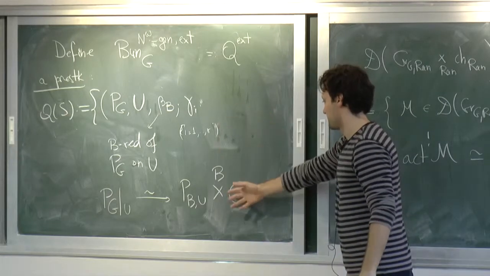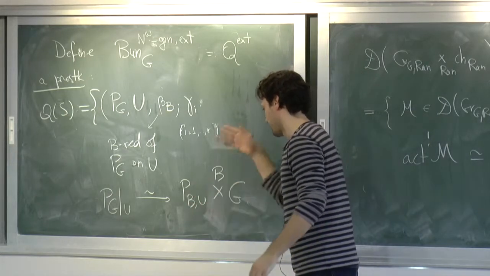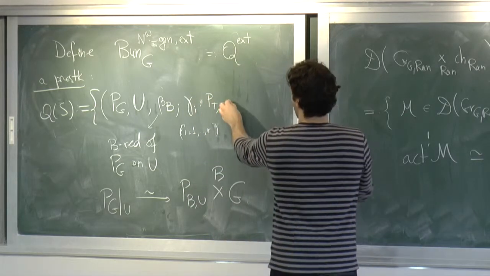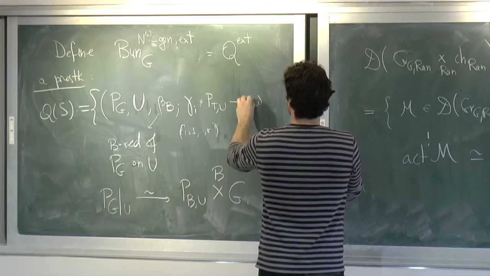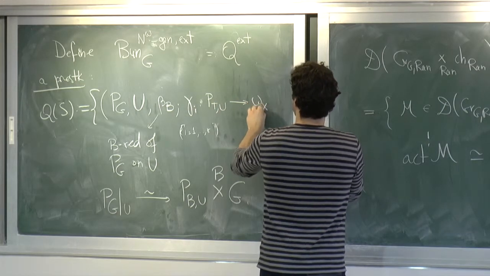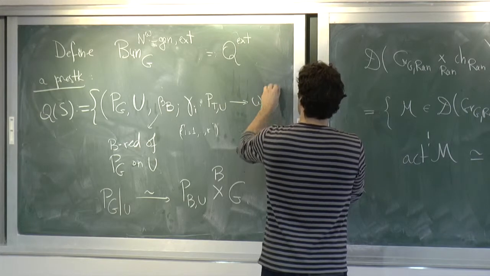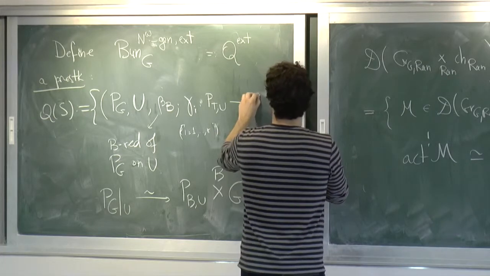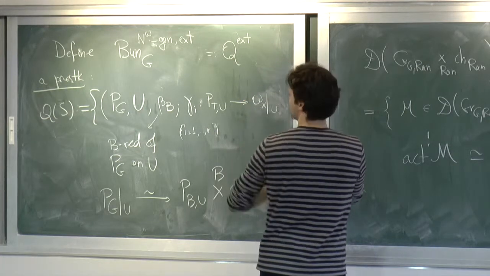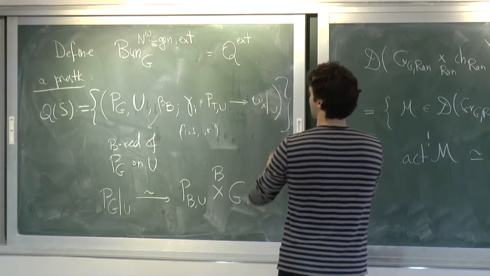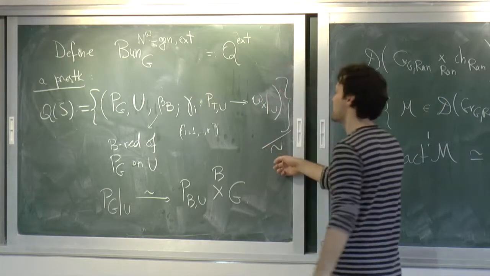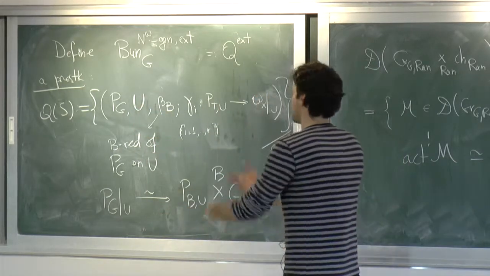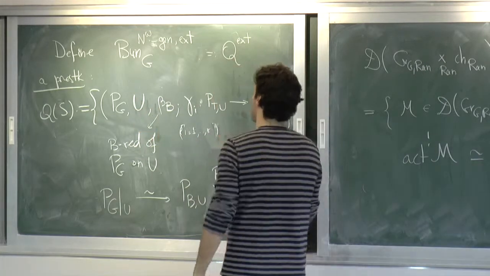So this is going to be something on U. So if I have a B bundle, I also have an induced T bundle by just dividing by N, and I want this to map to omega_X restricted on U. Let me write omega_X restricted on U. And then I mod out by an equivalence relation, which is the same philosophy we discussed last time, when you are allowed to restrict over a smaller domain and the same datum.